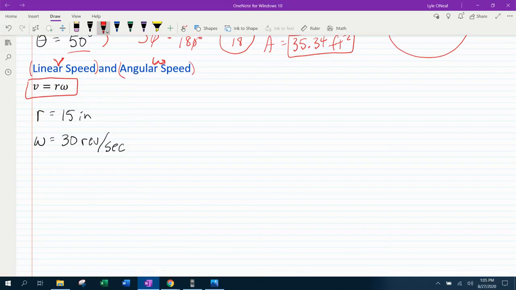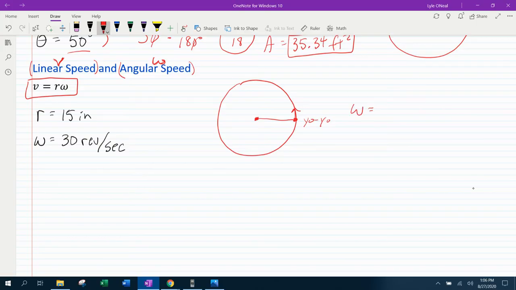So again, if we want to look at an example of what we're talking about here, let's say that we're spinning something that's tied to a string, like a yo-yo. Let's say that we are holding the end of the string, and over here's the yo-yo, and we're spinning it around in a circle. It's going to make so many revolutions per minute.